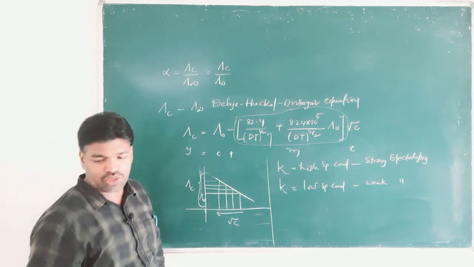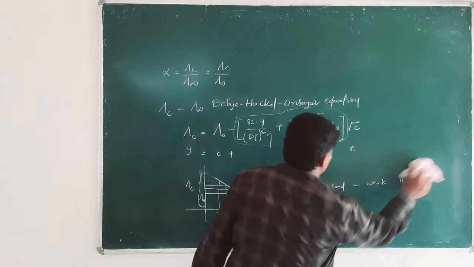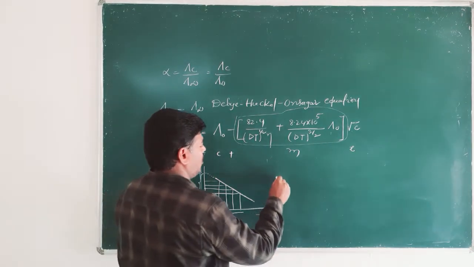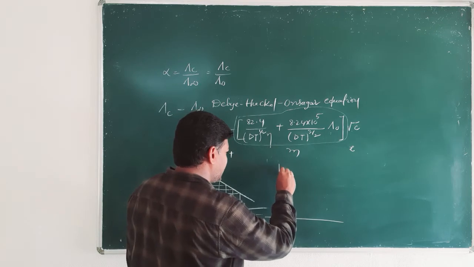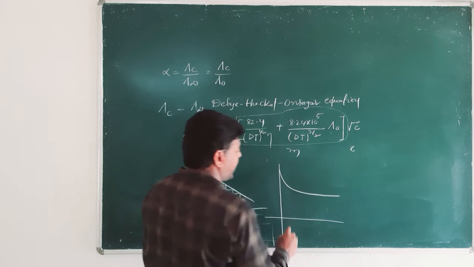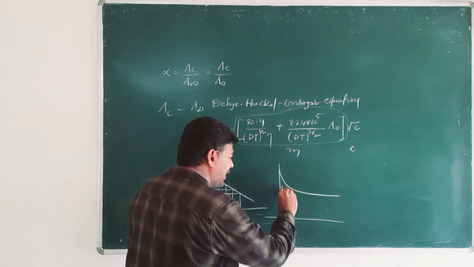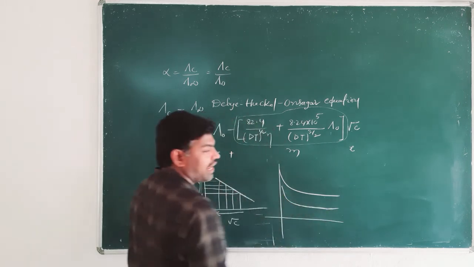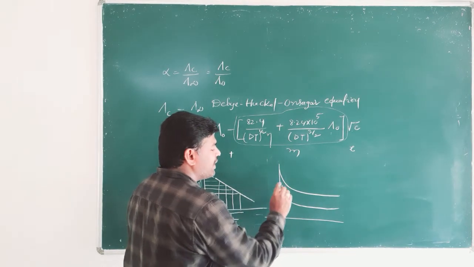That can be shown by this graph. This is the graph of a strong electrolyte, and for a weak electrolyte the graph does not meet the y axis.